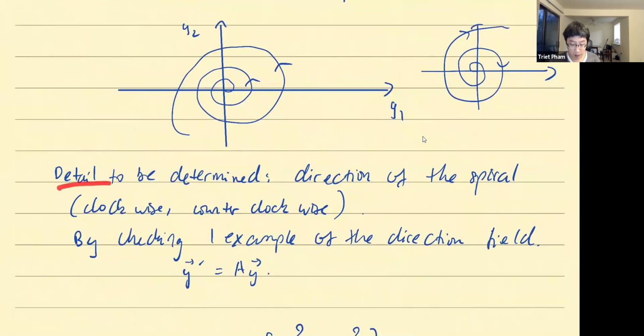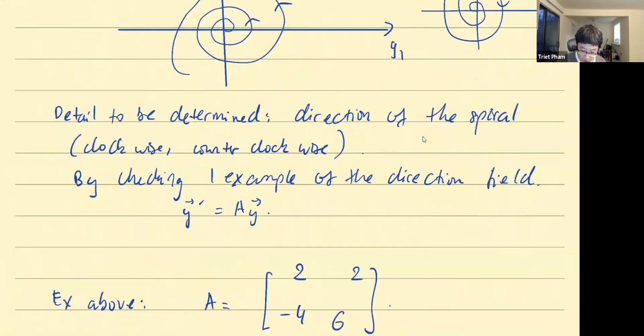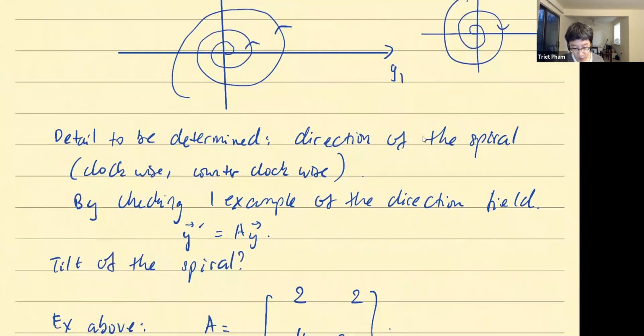Maybe there's another detail to determine, like there's the direction of the spiral, but there's also another one would be the tilt of the spiral, maybe. There are more than that, but for our interest, I only care for the spiral source, spiral sink, and its direction of circulation.